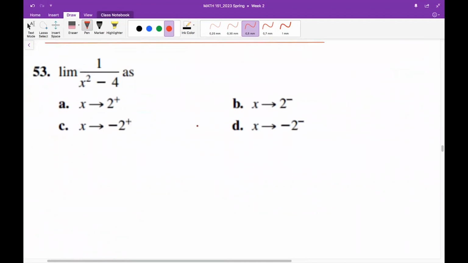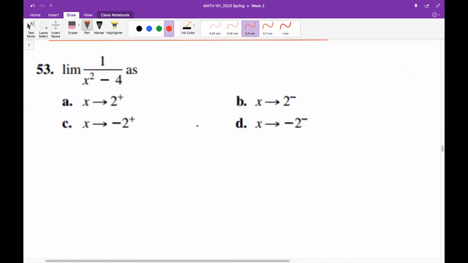Okay, next. Let's try to analyze a similar kind of behavior in this example. This is a very basic example, but it is important for understanding limits as infinities. So the limit of this function as x goes to 2 from the right. This one, 1 over x minus 2.